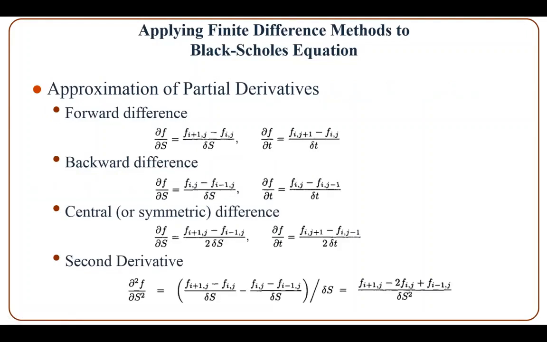This page shows the approximation of partial derivatives in the previous equation. And basically, we have the derivative of f with respect to the asset price S, as well as with respect to the time t, using the forward difference, backward difference, central or symmetric difference, as well as the second derivative.